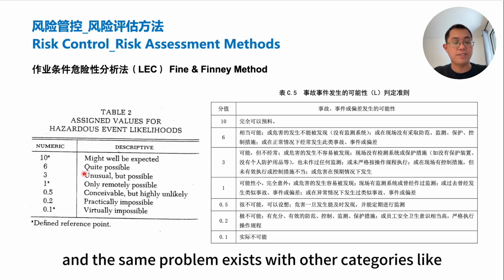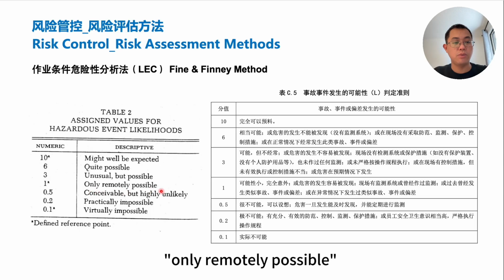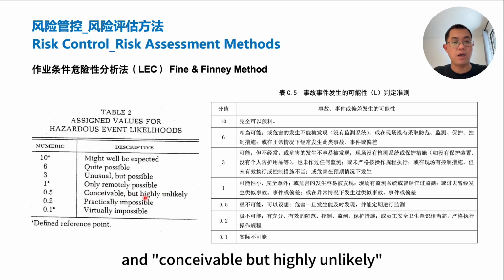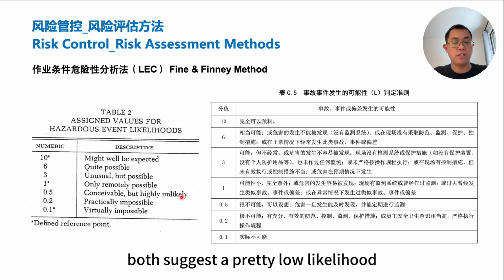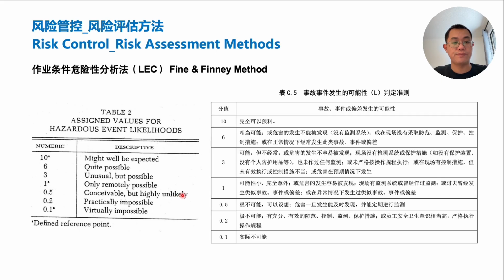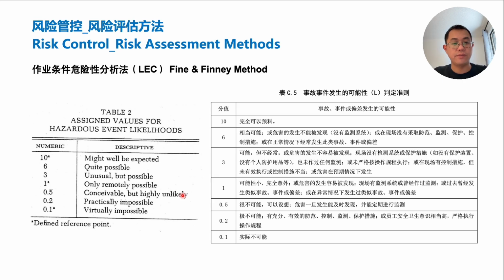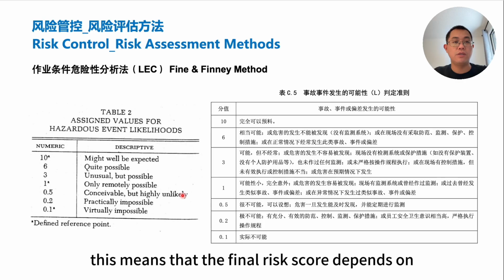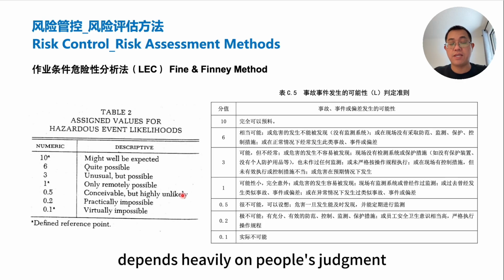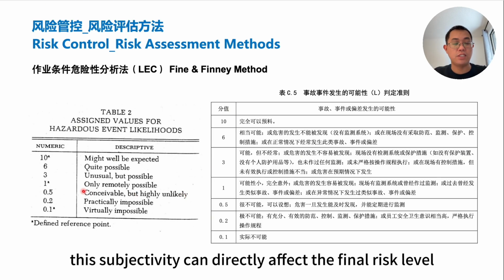And the same problem exists with other categories like "only remotely possible" and "conceivable but highly unlikely." Both suggest a pretty low likelihood, but either option could be justified for many hazards. So this means that the final risk score depends heavily on people's judgment.